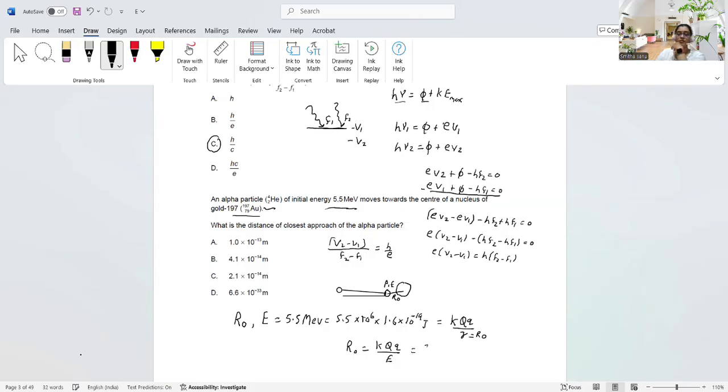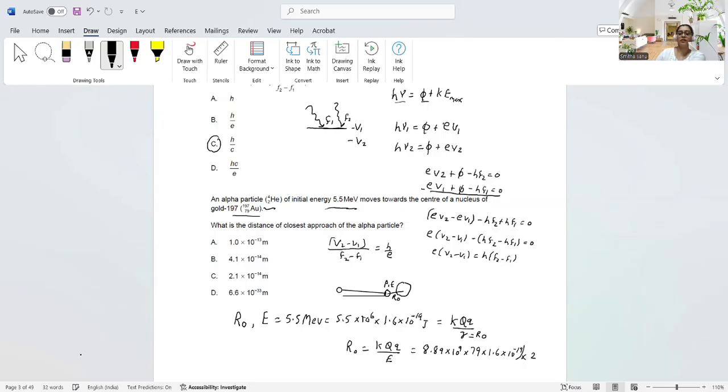Substituting the values, K is nothing but 8.99 times 10 to the power 9. Capital Q is the bigger charge, which is 79 protons, so you have 79 e, where the value of each proton charge e is 1.6 times 10 to the power minus 19. Alpha particle has two charges, so it's 2e.